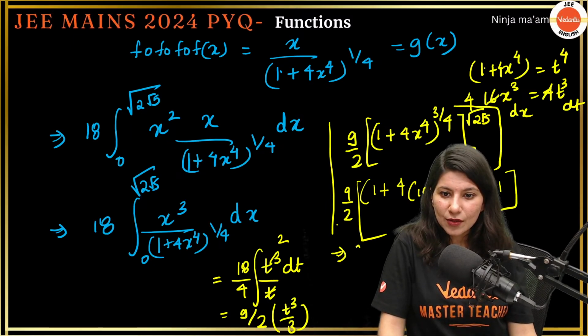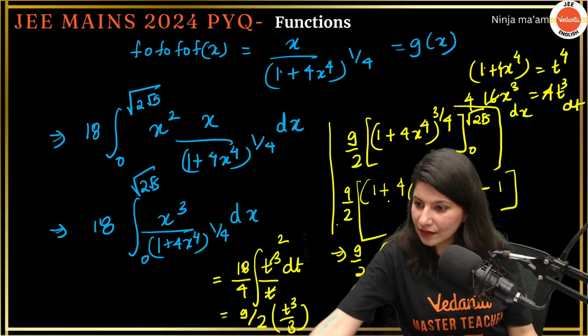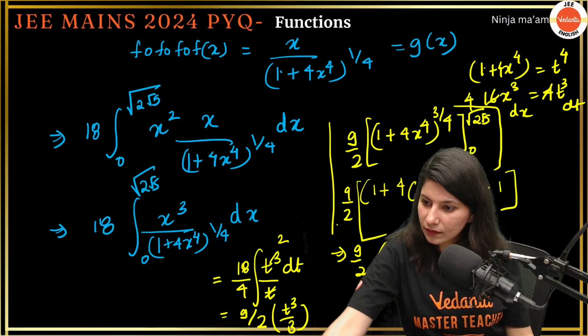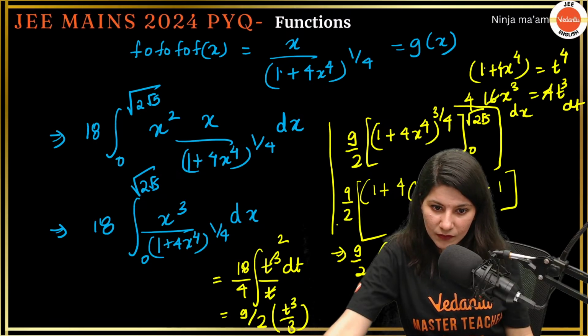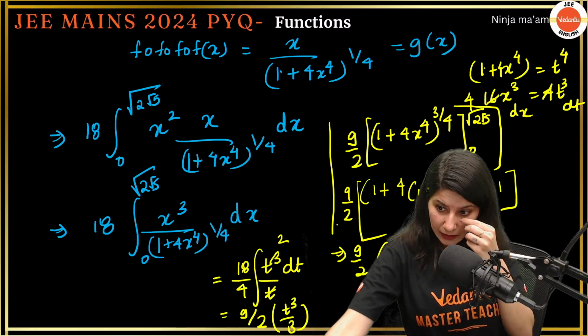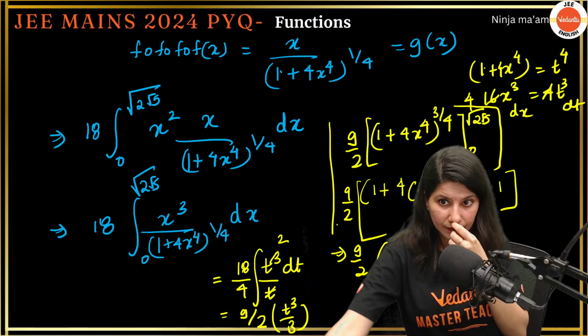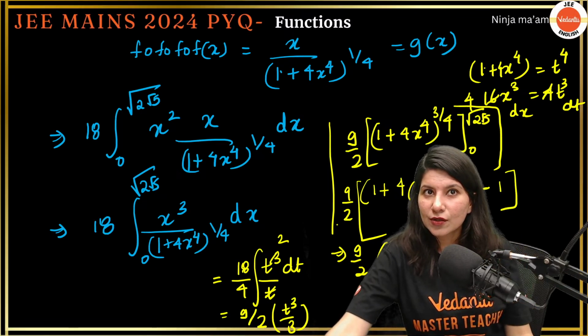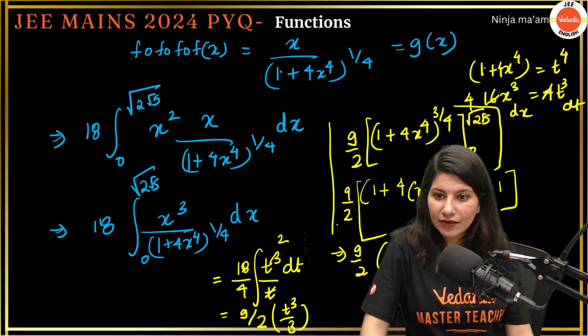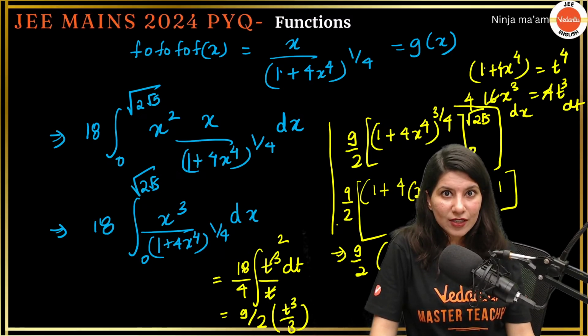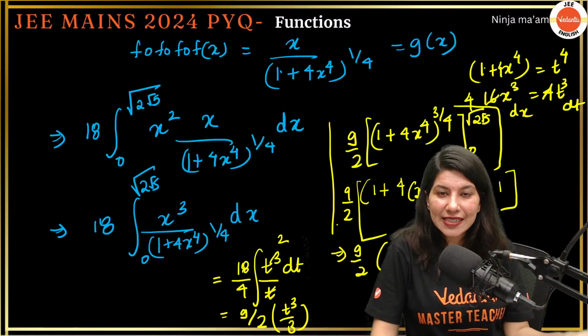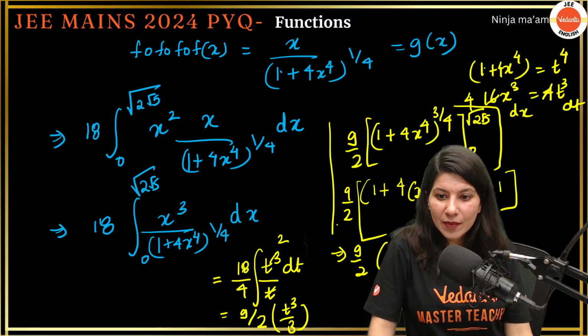So 9 by 2 and this is going to be 41. Hold on, this is t cube by 3, and x to the power 4: 4 fives are 20, sorry, this is 21, 81. 81 raised to the power 1 by 4, so this is 3. 3 cube is 27. 27 minus 1 is 26. 9 into 13 will give you 39.